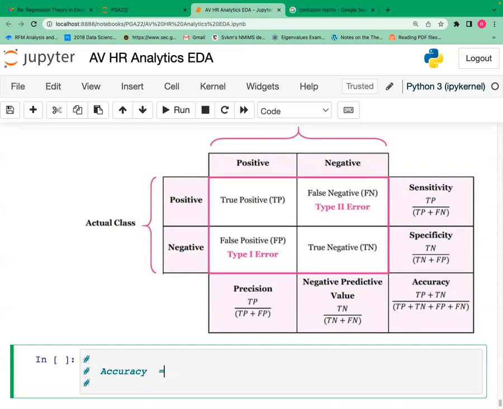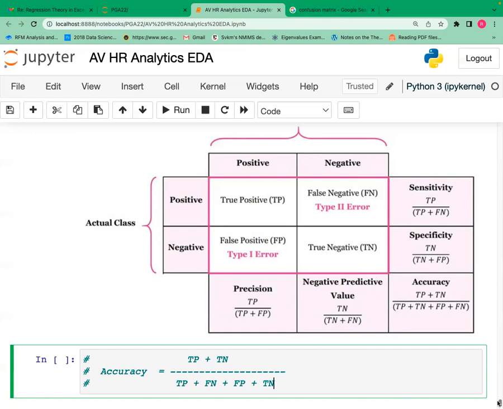The formula for accuracy is true positive plus true negative, correct predictions by all predictions: true positive plus false negative plus false positive plus true negative.